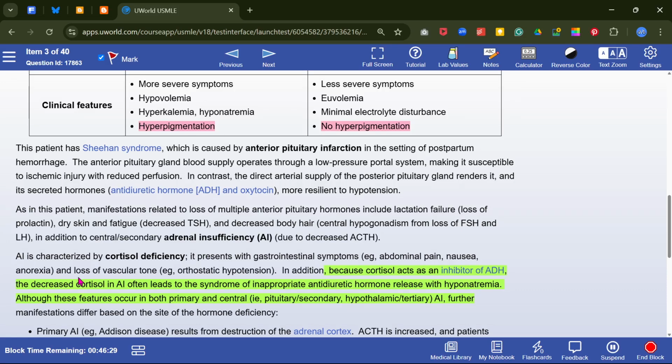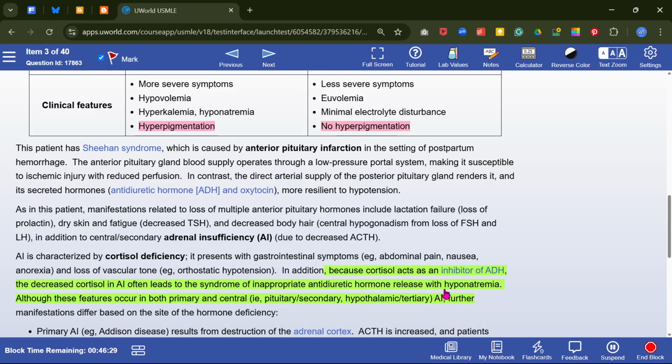The decreased cortisol in adrenal insufficiency often leads to SIADH with hyponatremia.